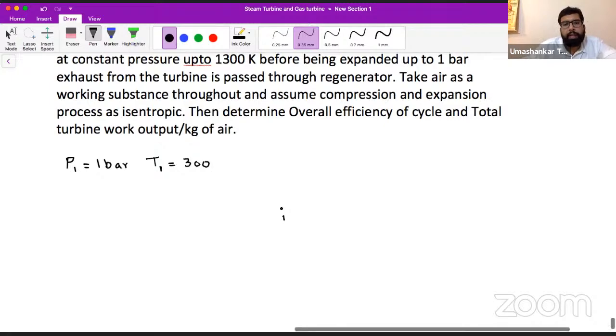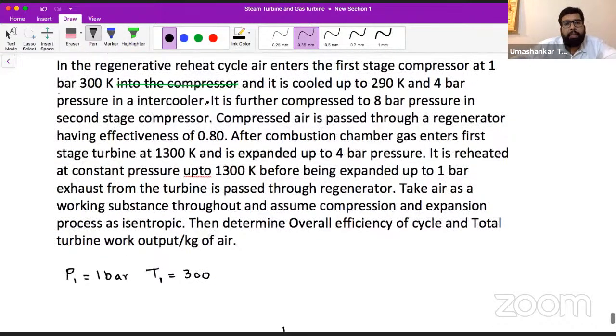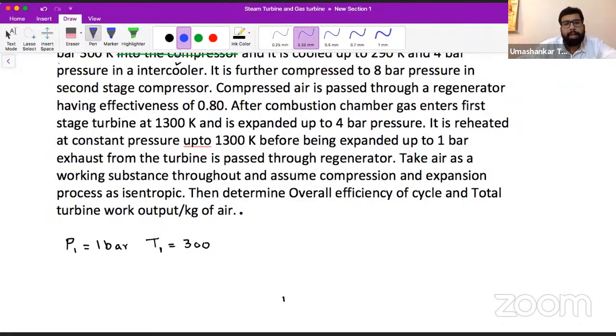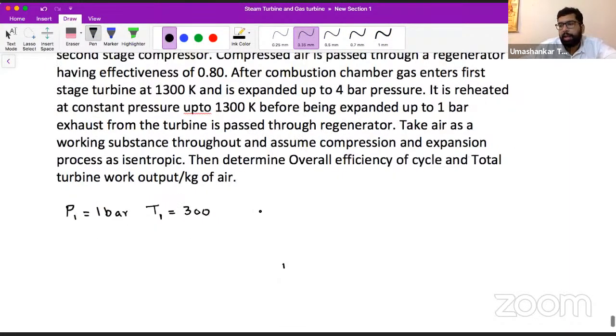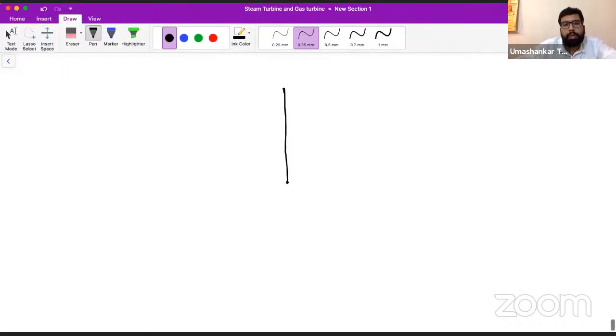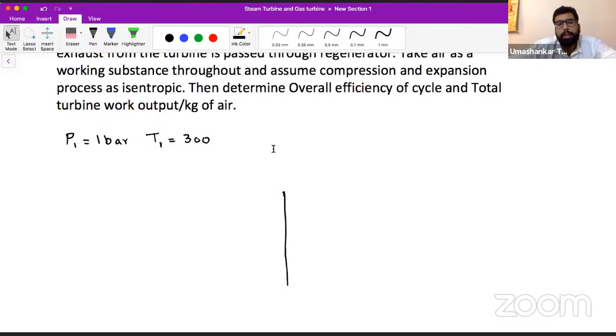We have reheating, we have regeneration, we have an intercooler. So we must make a combined cycle diagram. Once you have the diagram with you, you will be able to feel the things more accurately.